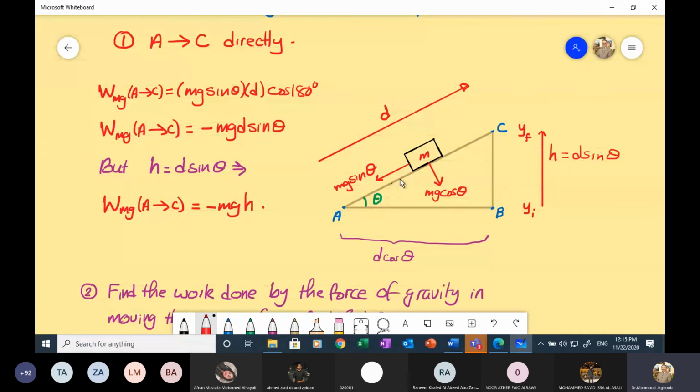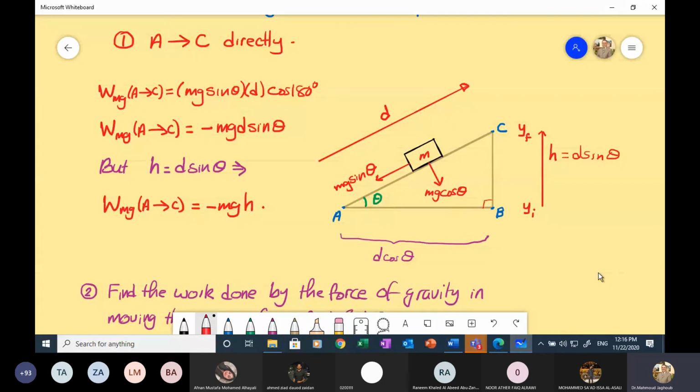We made d the hypotenuse of a right angle triangle. Immediately I get that the work done by the force of gravity, which is the weight, when the object moves from A to C is minus mg times h, instead of d sine theta. So this is the work done by the force of gravity when I move from A to C directly.